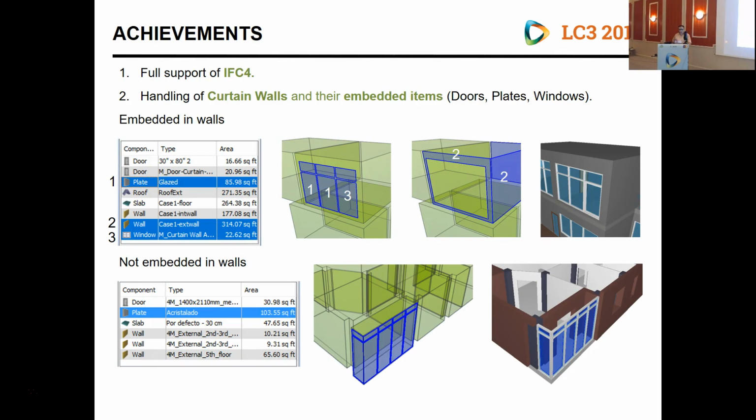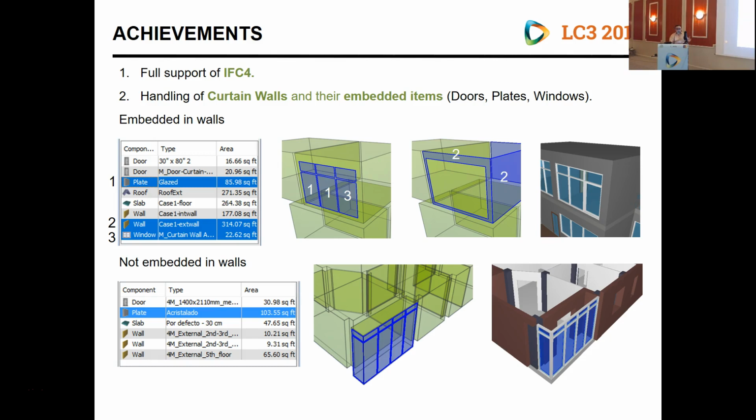So let me close the talk by talking about the achievements that we have so far. First of all, we fully support IFC4 files. Second, we also support the curtain wall elements and their embedded items such as doors and plates. You can understand we need this because these elements might play a different role in energy simulation.